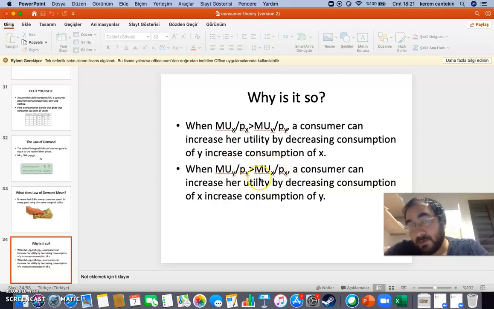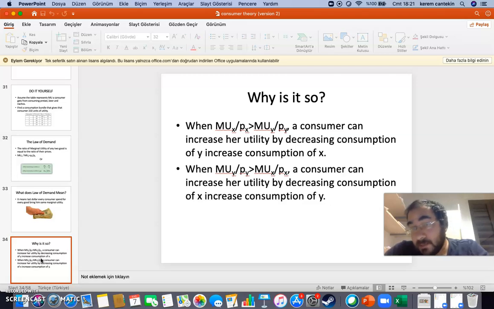When I decrease my consumption of x, MUx will get larger, because when I consume less, marginal utility increases because of the law of diminishing marginal utility. I mean, if you increase the number you consume, the marginal utility will fall. If you decrease the number you consume, the marginal utility will rise. So by decreasing consumption of x, the marginal utility of x will increase. By increasing consumption of y, the marginal utility of y will decrease. So in the end, these two quantities will again be equal to each other.